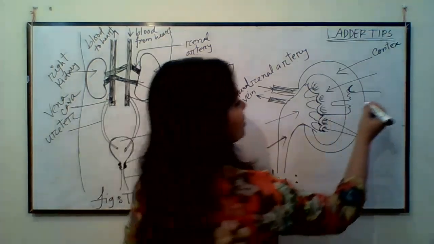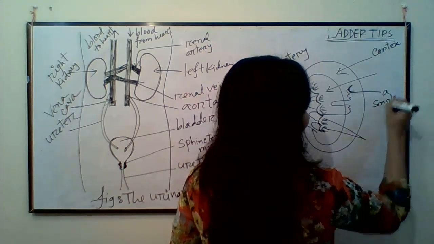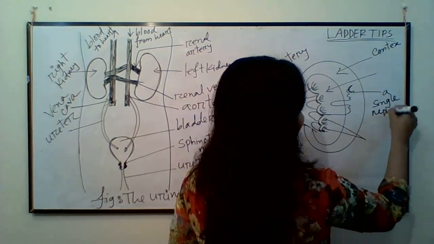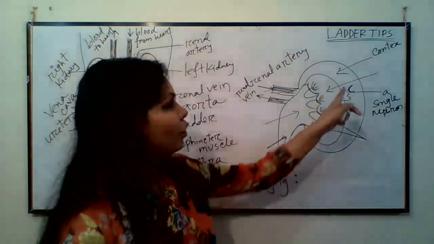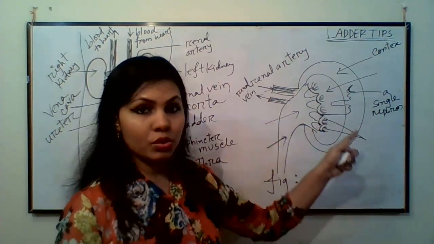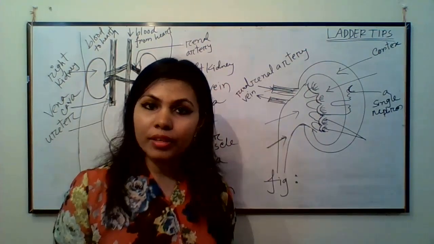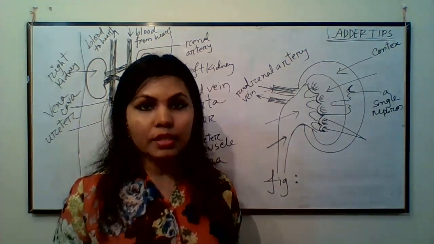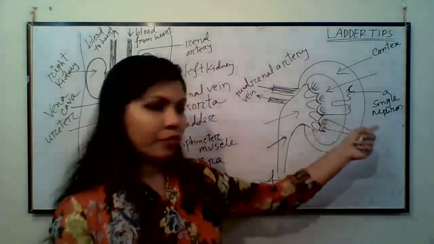So this is a single nephron. The cortex has microscopic tubules, but they are not blood vessels. They are the filtering unit and we call them the kidney tubules or the nephron.